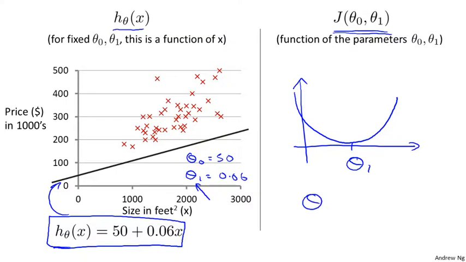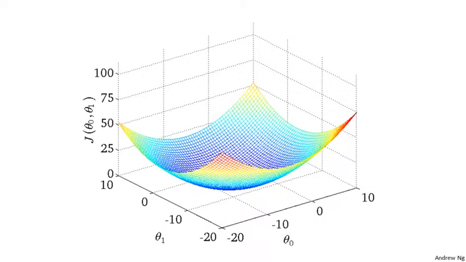But now we have two parameters, theta 0 and theta 1, and so the plot gets a little more complicated. When we had only one parameter, the plots we drew had this sort of bow-shaped function. Now, when we have two parameters, the cost function also has a similar sort of bow shape. In fact, depending on your training set, you might get a cost function that looks something like this. So this is a 3D surface plot where the axes are labeled theta 0 and theta 1.